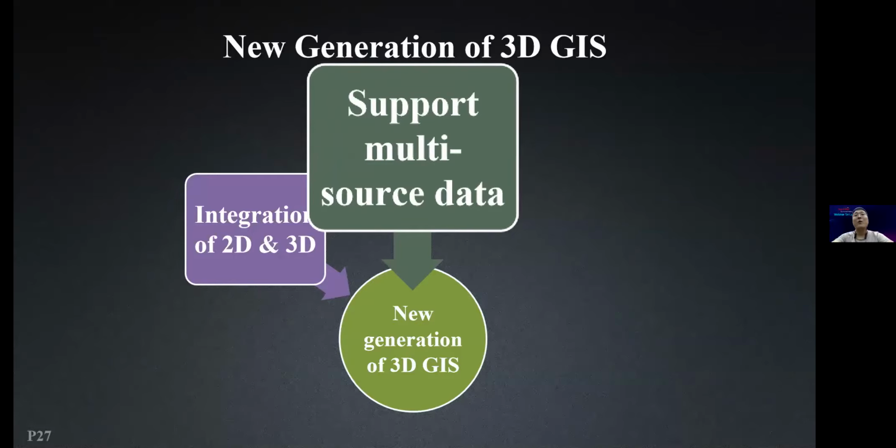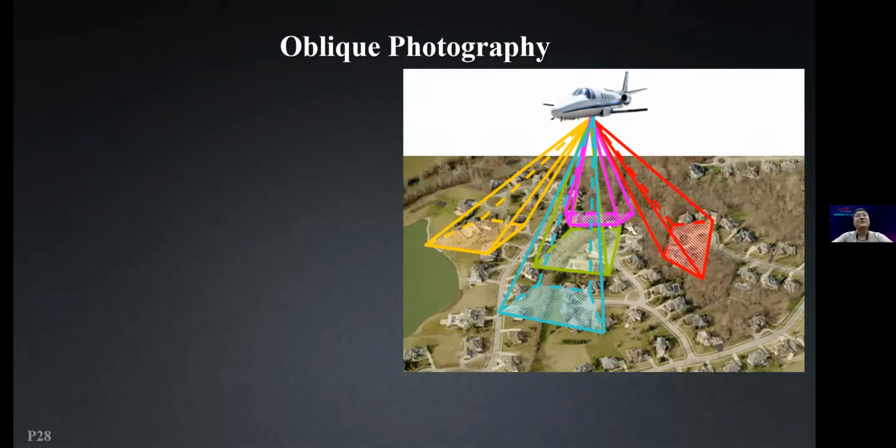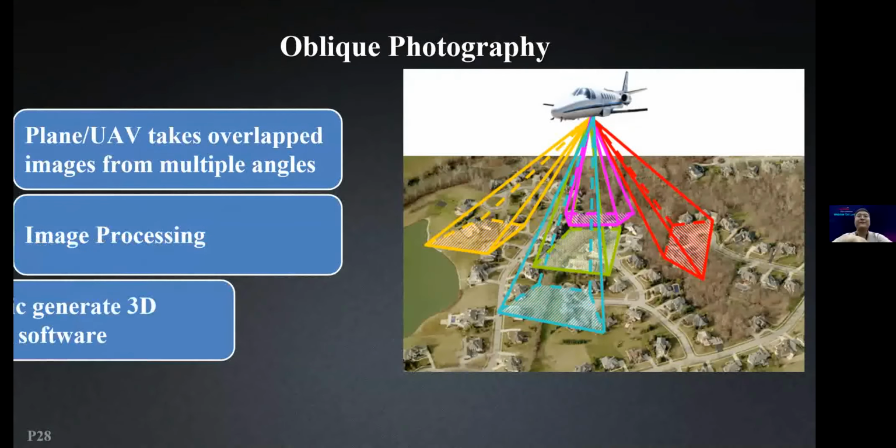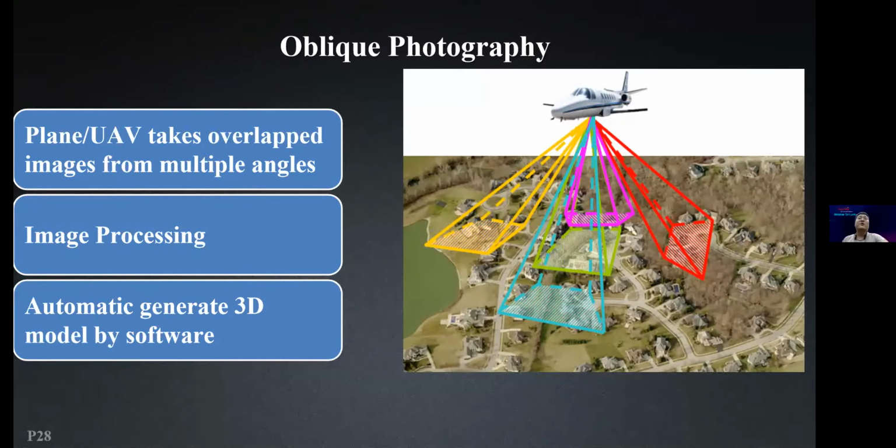And the second one is support for multi-source data. Besides converting 2D data to 3D, there are several important data sources of 3D GIS. The first one is oblique photography. The oblique photography model is generated by a UAV, a drone, and we don't need to manually create the model like earlier.